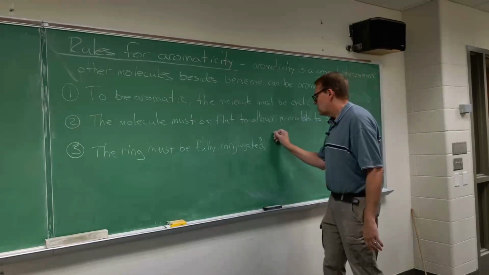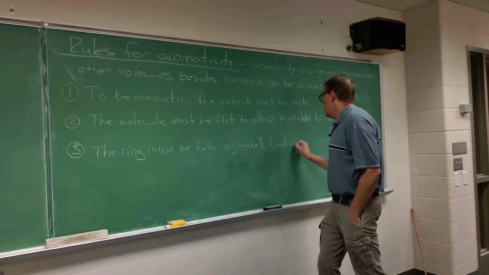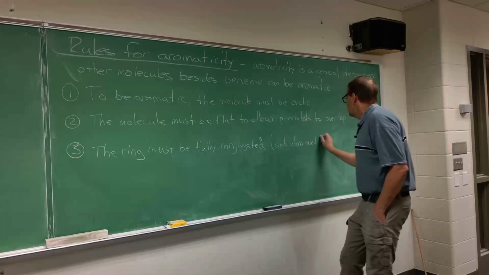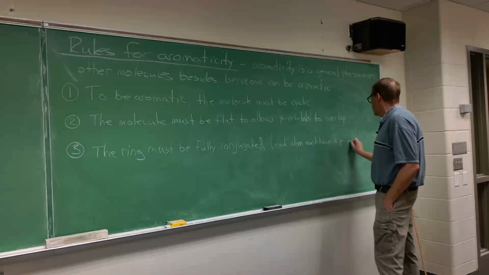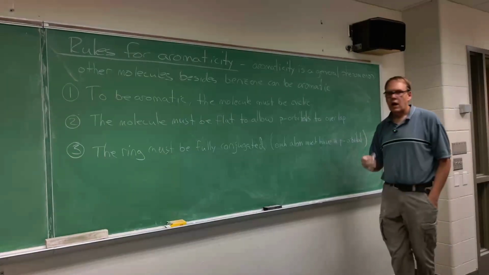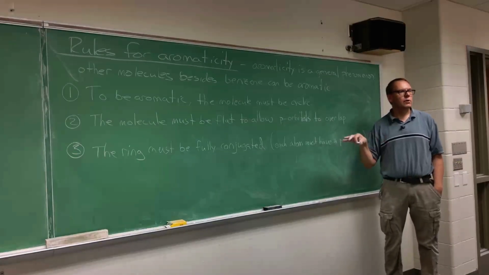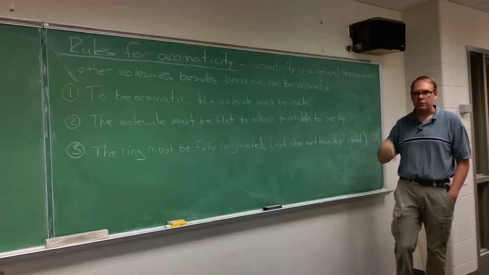Each atom must have a p orbital, because that's what conjugation is. It's like adjacent atoms with adjacent p orbitals that can overlap. So that's got to be a complete circuit, basically.